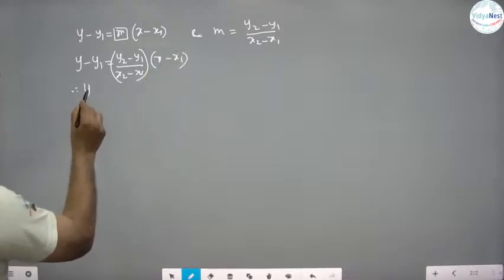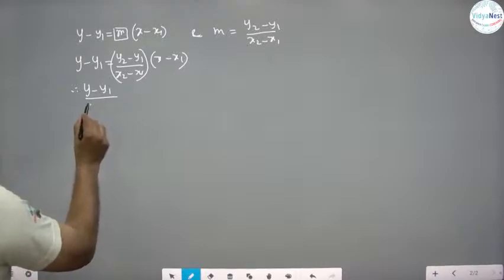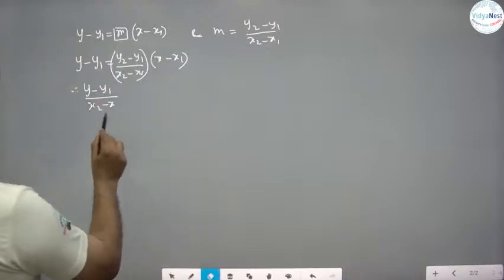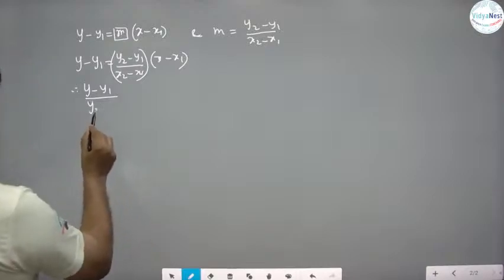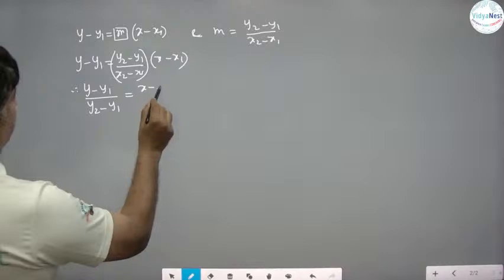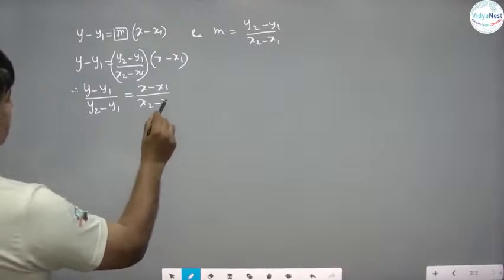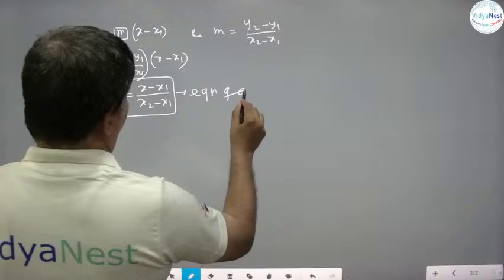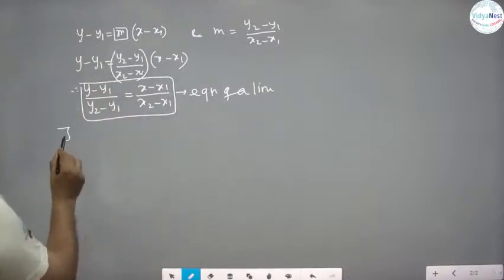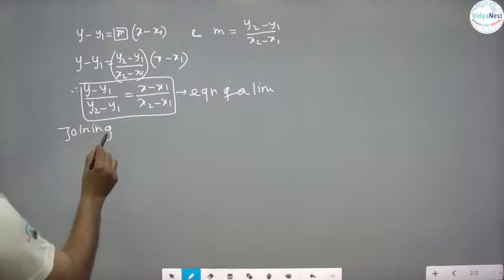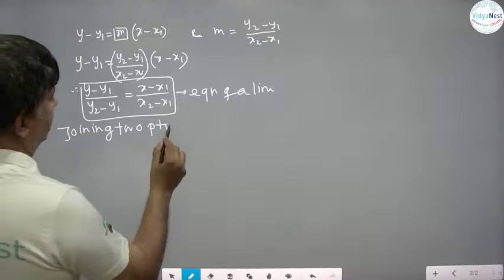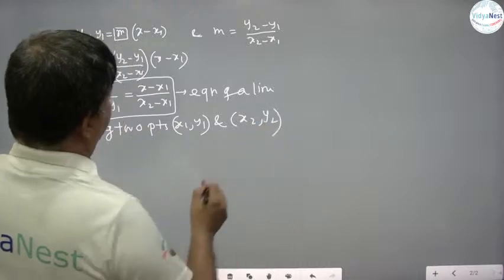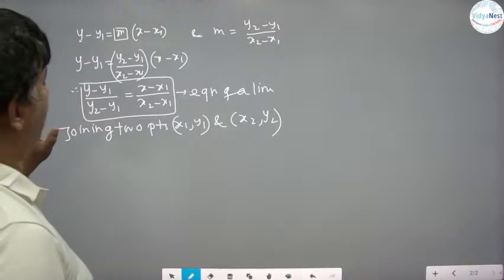So y minus y1 equals (y2 minus y1) by (x2 minus x1) times (x minus x1). This is the equation of a line joining two points x1, y1 and x2, y2.